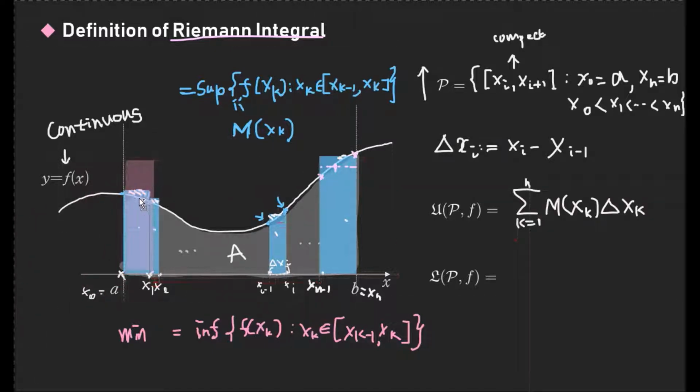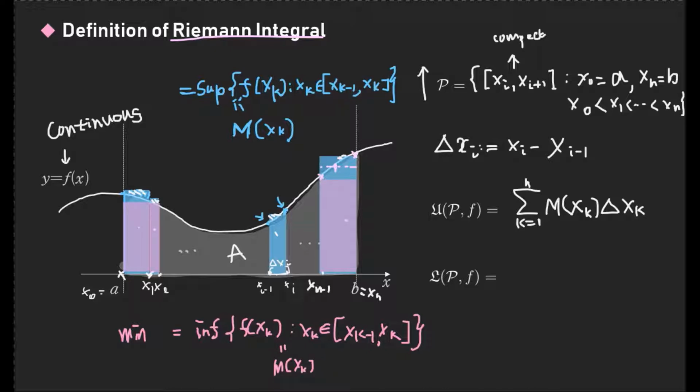So in this case, the lower sum is clearly smaller in each area than the upper part. Here we take the lower sum, and we can define this value in each interval, small m_k.